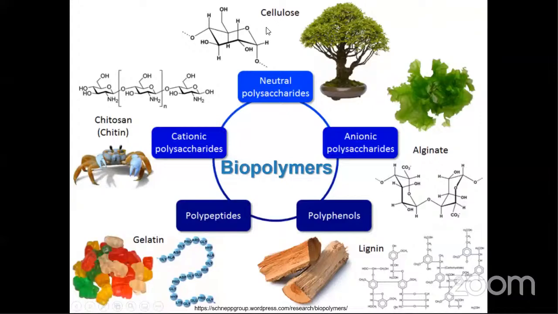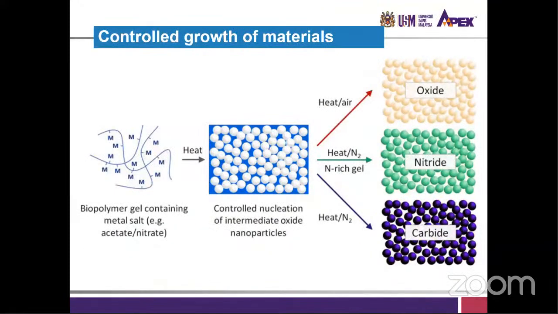For neutral polysaccharide, we can use cellulose. For anionic polysaccharide, we can use algae. For polyphenols, we can use lignin, and also polypeptides, maybe gelatin, that we can use as a template for our production of nanomaterials.